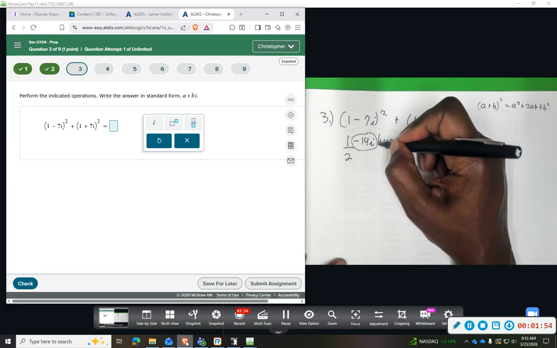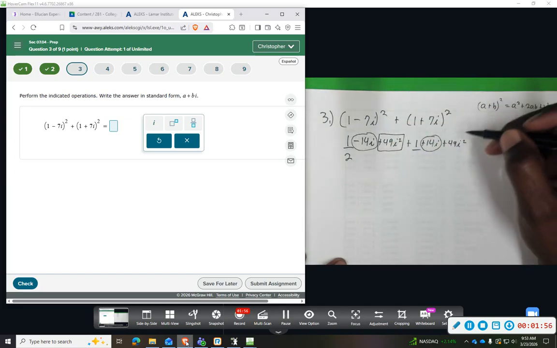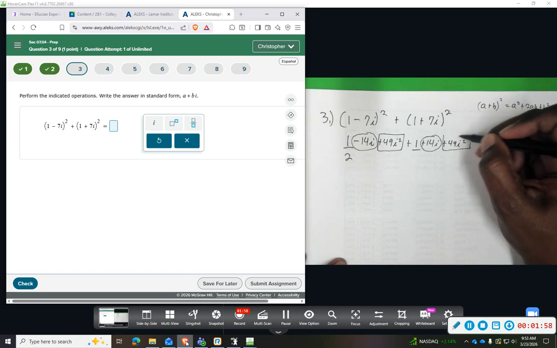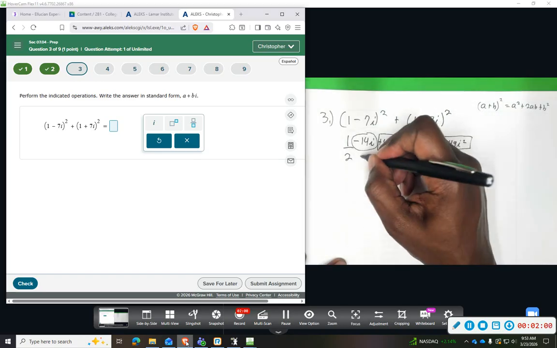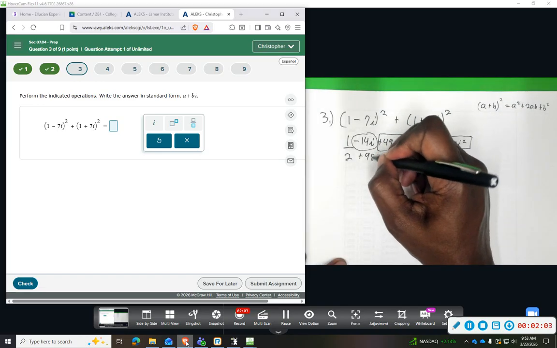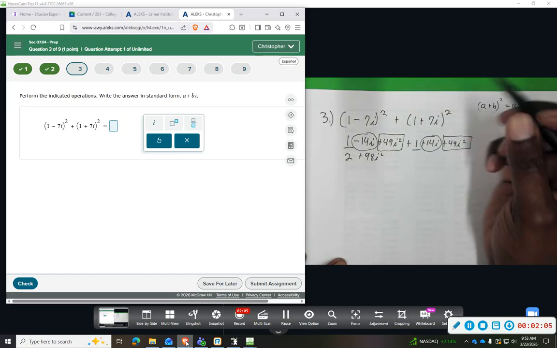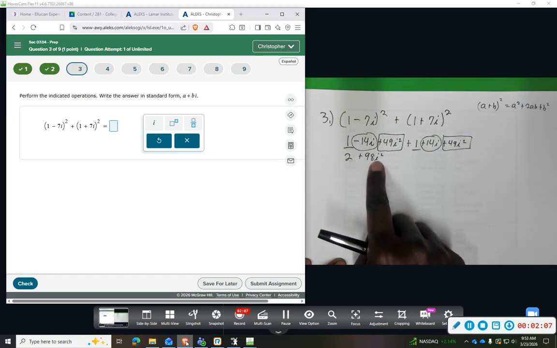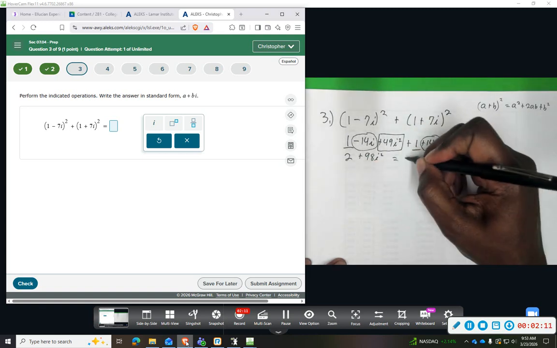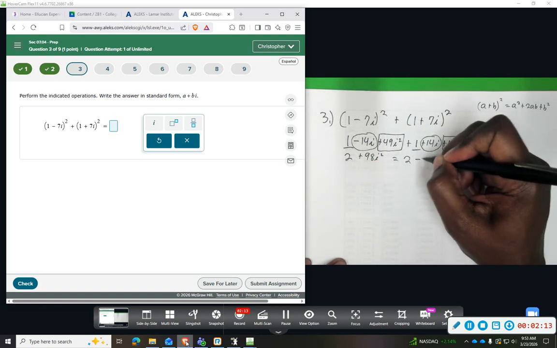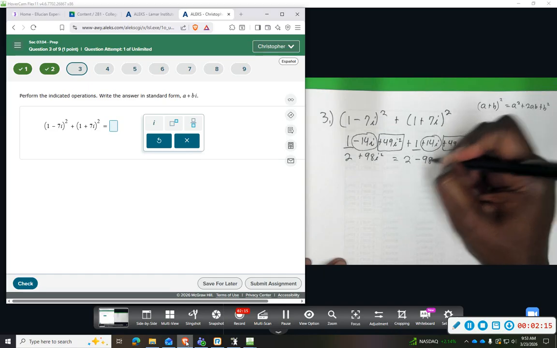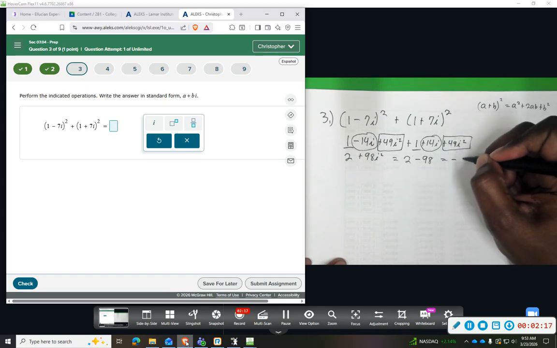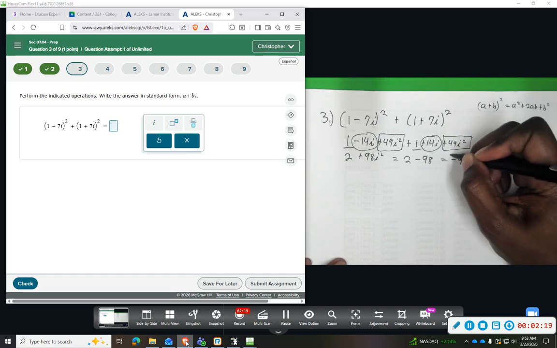And then the positive 49i squared and positive 49i squared will give me a positive 98i squared. Remember, i squared is negative 1, so we'll multiply this times a negative 1, and that will give me 2 minus 98, and then 2 minus 98 gives me a negative 96.